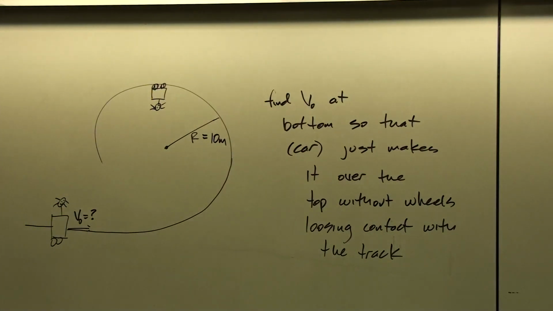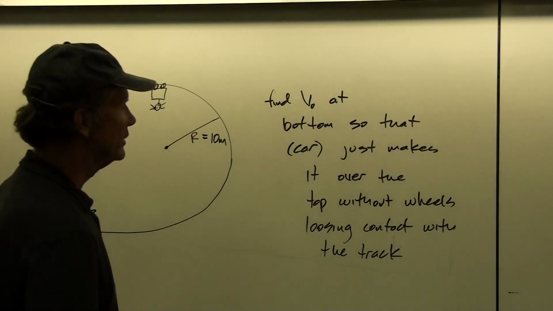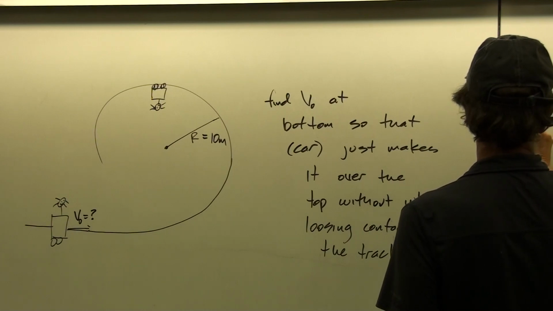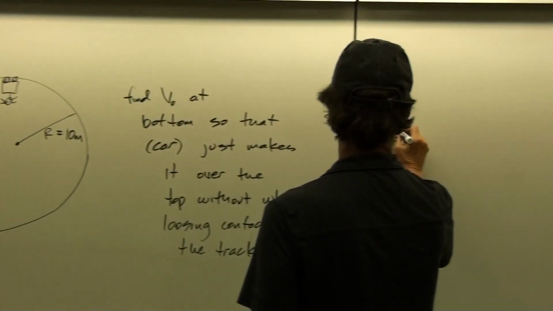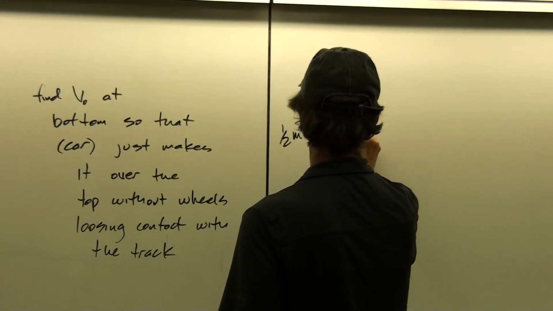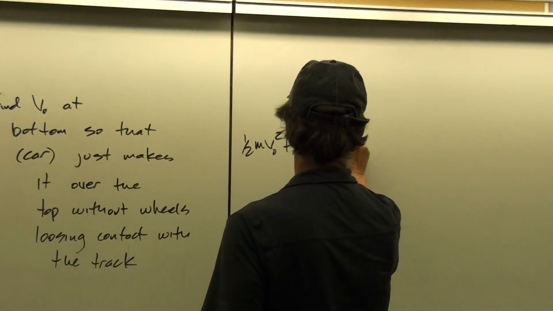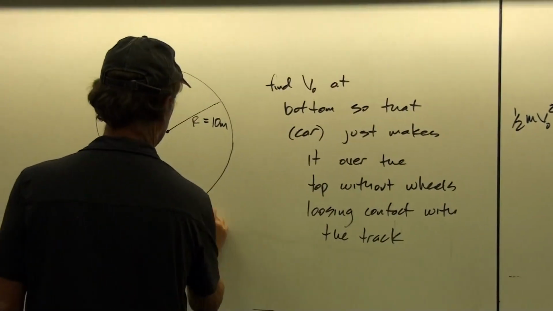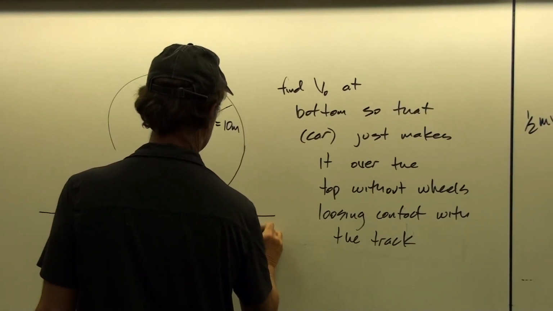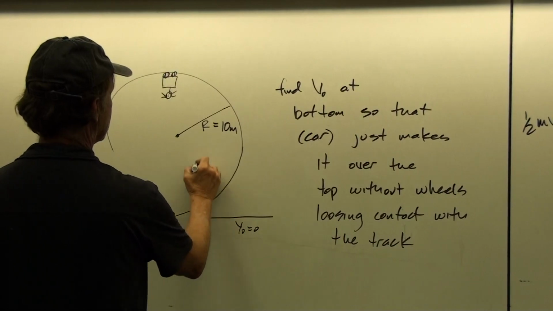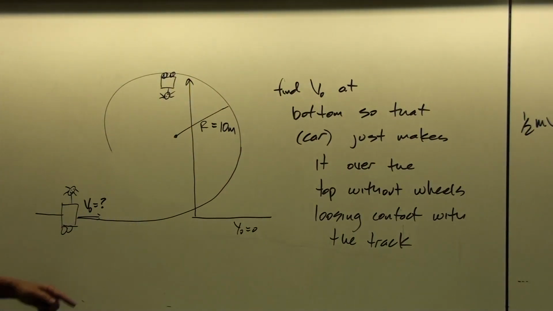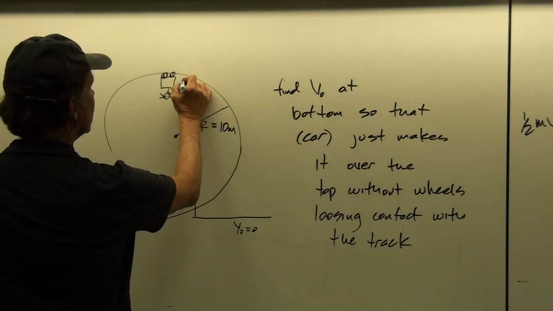Okay, so what we can do first of all is set up our kinetic energy expression. So we use conservation of energy, and we can say that 1/2 mv naught squared plus mg y naught is going to be our kinetic plus our potential at the bottom. Here at the bottom, we'll call this y initial equals 0, and at the top, in energy, we don't care, remember, what the path is it's taken, but just the vertical change in elevation.